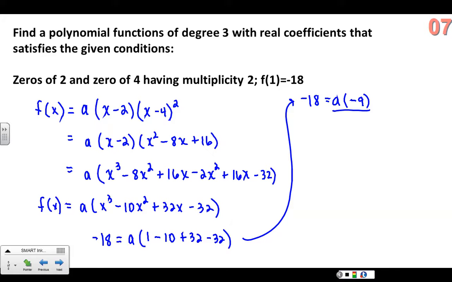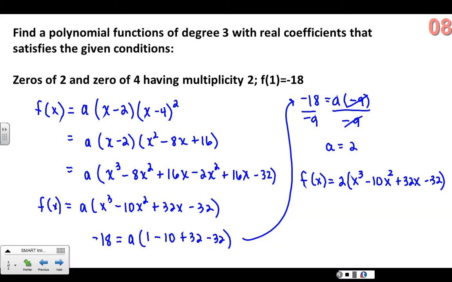So if you divide by negative 9, a equals 2. So f of x would equal 2 times x cubed minus 10x squared plus 32x minus 32. You could distribute that too if you would like.